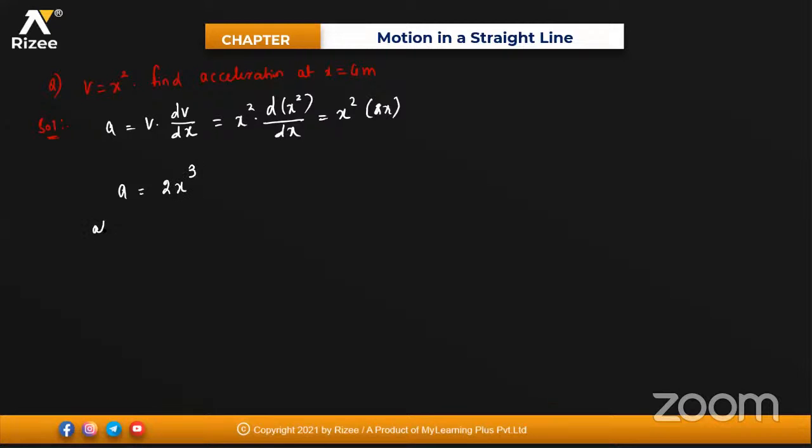So it's asking at x is equal to 4 meters. Therefore, a is equal to 2 into 4 cube. 4 cube is how much, beta? 4 into 4 into 4. 4 4s are 16, 16 4s are 64. So 64 times 2 is 128 meter per second squared. Got it?